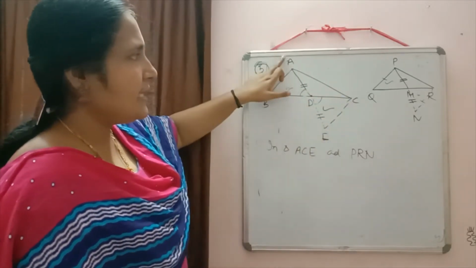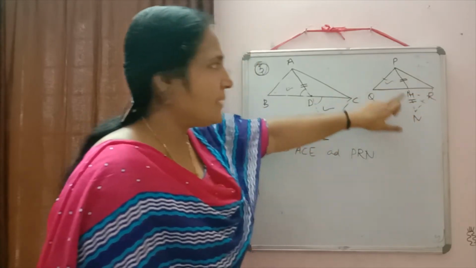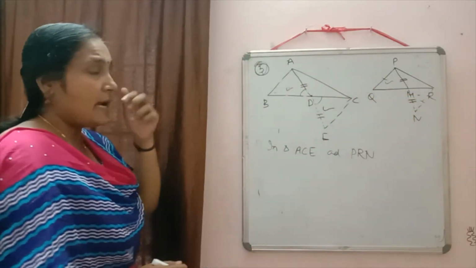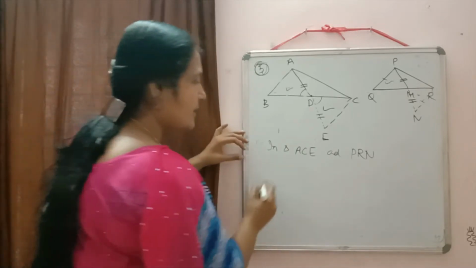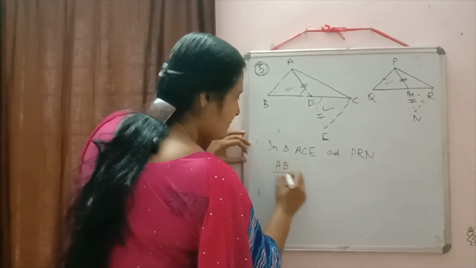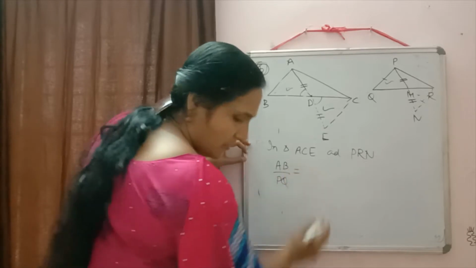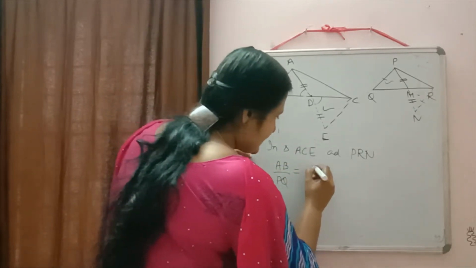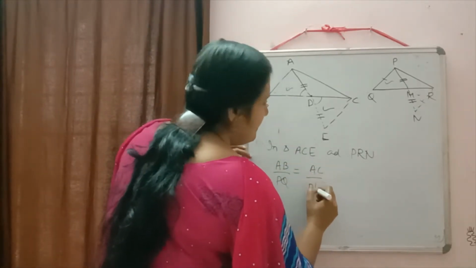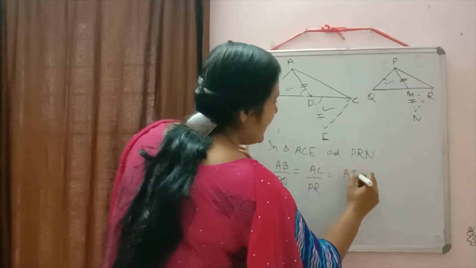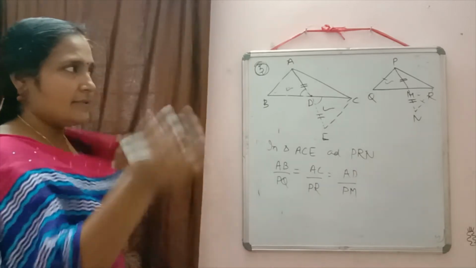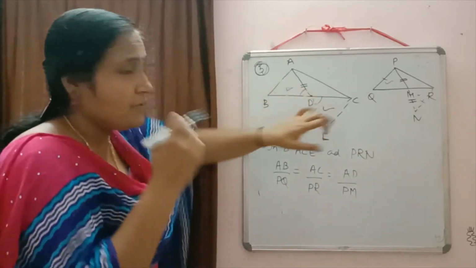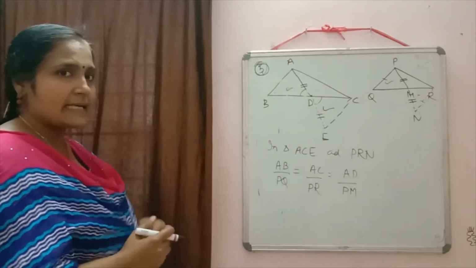Triangle ACE and triangle PRN. For that we will use the condition which is given in the question. AB by PQ is equal to AC by PR is equal to AD by PM. This condition was given, and we are going to use that condition also along with the congruency we proved.